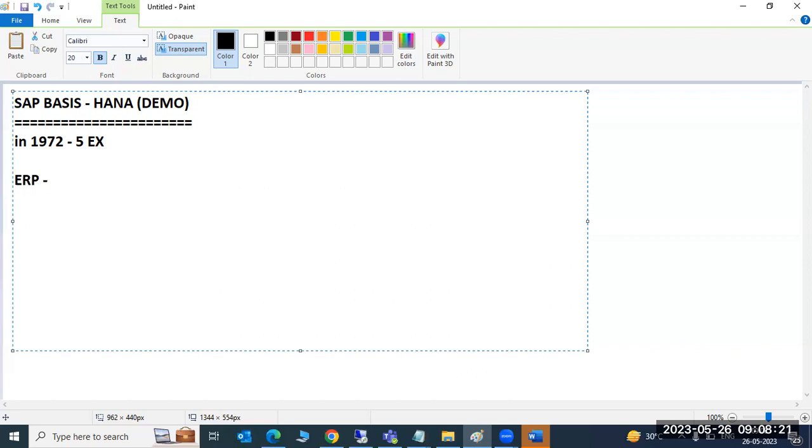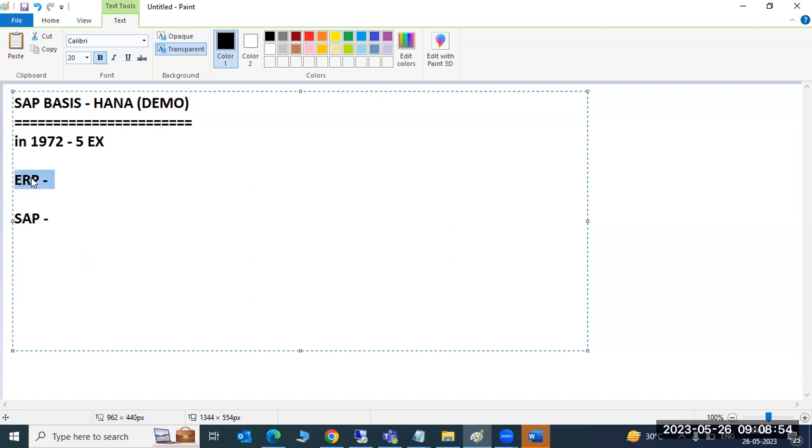ERP, enterprise resource planning, is a software product category. Under ERP, we have mainframes, PeopleSoft, Siebel CRM, JD Edwards, Microsoft Dynamics, and SAP. There are many SAP applications here, and we are going to discuss the SAP application.